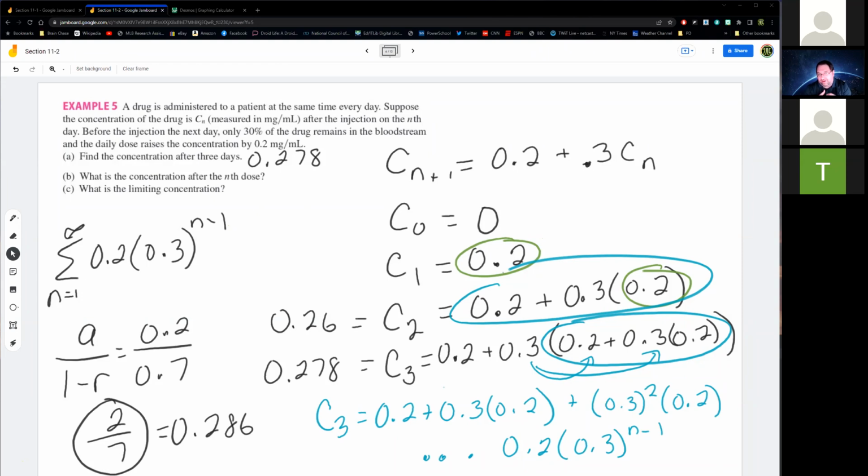However, the only way that works is if you take it the same time every day. Because if you take it at different times, that 30% changes of what's left in your bloodstream when you take the next dose. So that's where that changes.